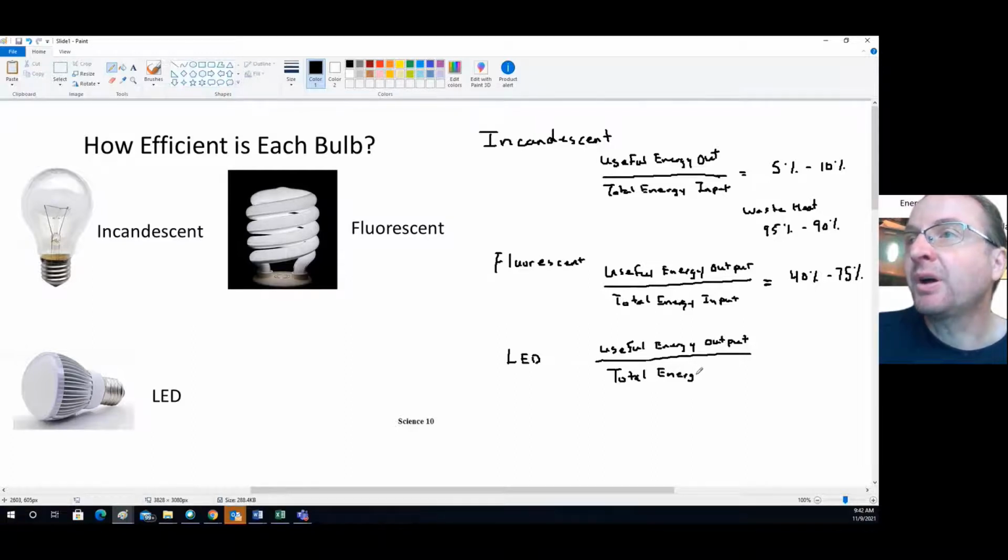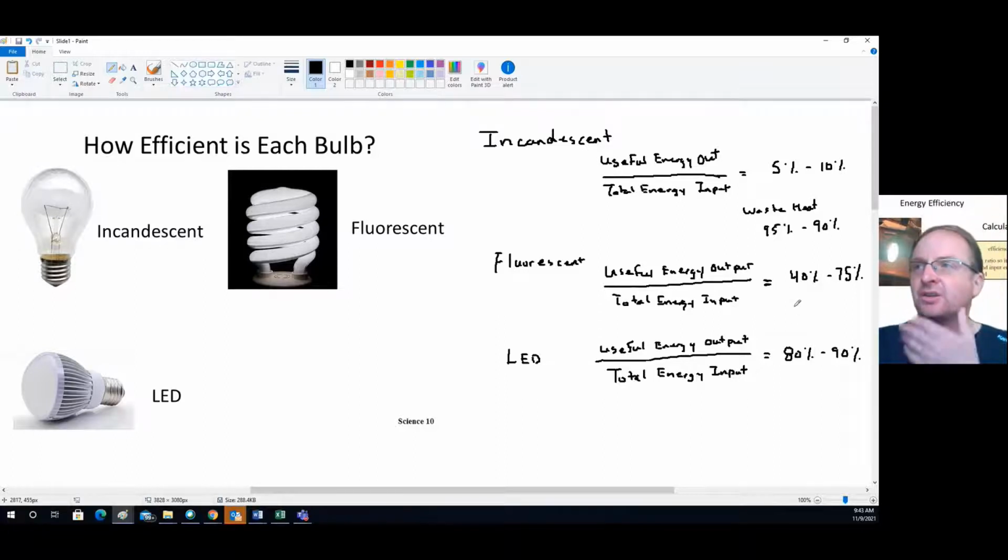That just wouldn't be possible, at least in this universe. Total energy input. We just divide those two numbers, smaller number on top divided by larger number on the bottom. These come out to between 80% and 90%. So some of your fluorescent bulbs are actually close to as efficient as LED.